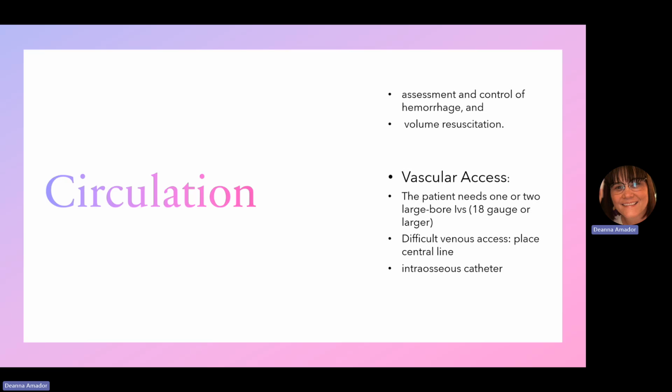So if there's hemorrhage, we're going to do something to control the hemorrhage. And obviously, if there's cardiac arrest, then we're going to be doing CPR. We also have to remember that shock could happen. So it can develop at any time.